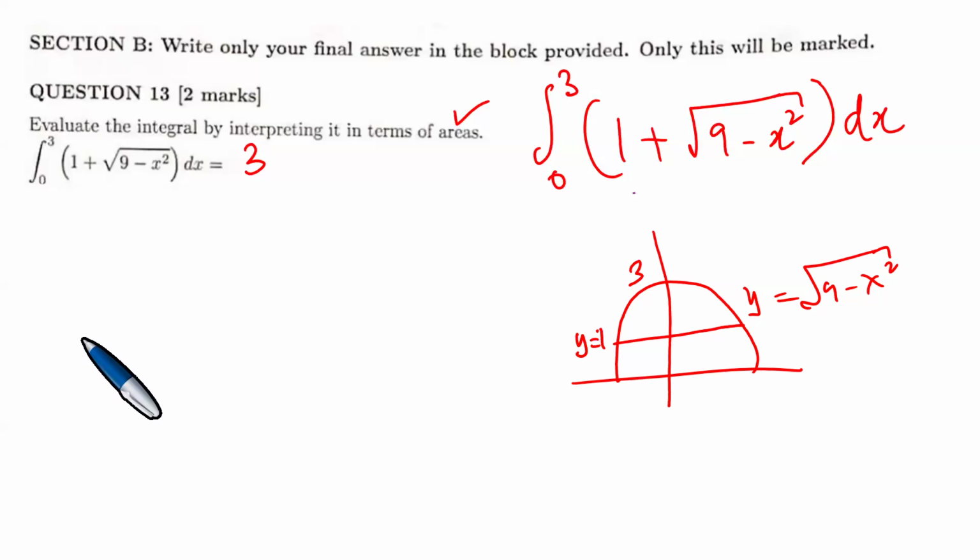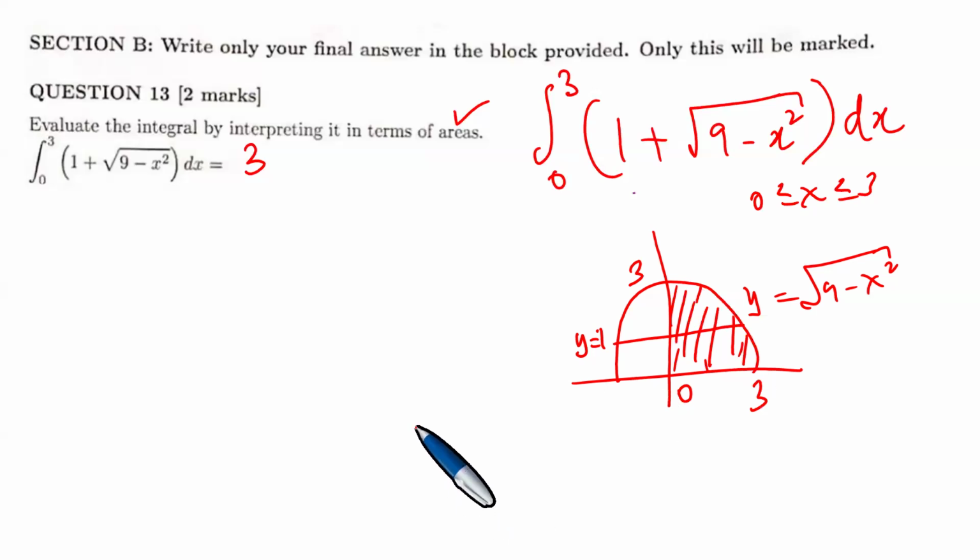We are integrating from 0 to 3. If you integrate from x equals 0 to x equals 3, in other words, our x lies between 0 and 3. There are a couple of things that are critically important.